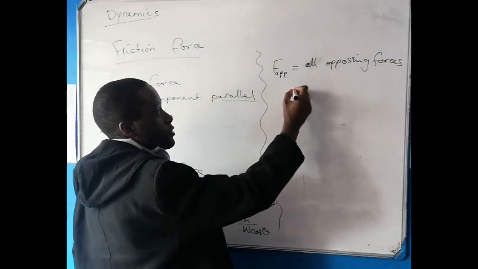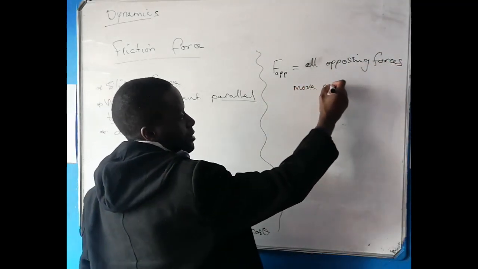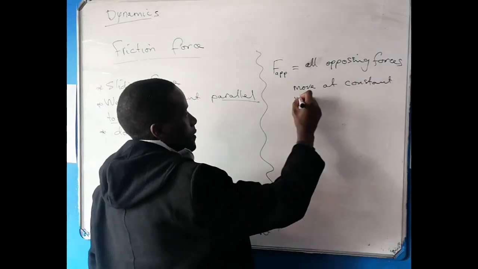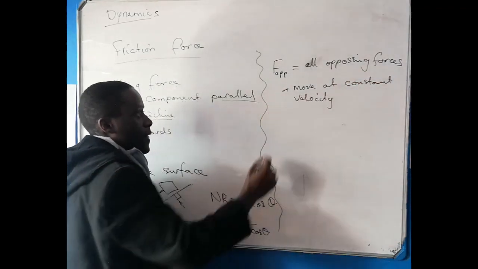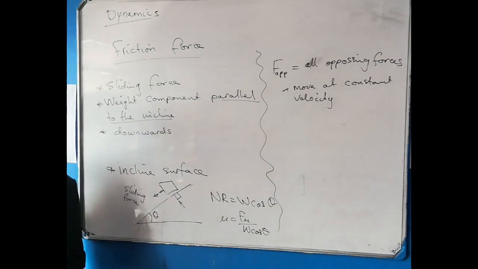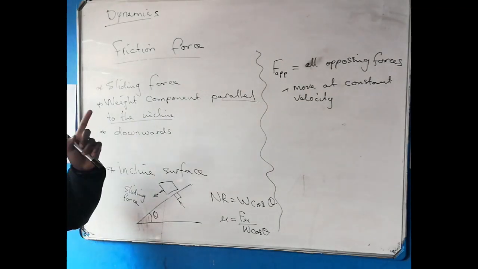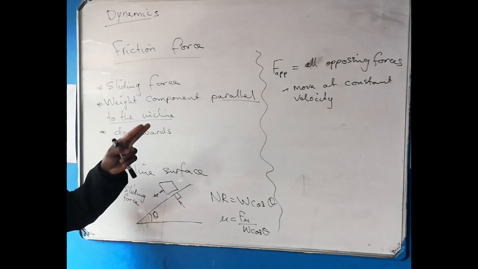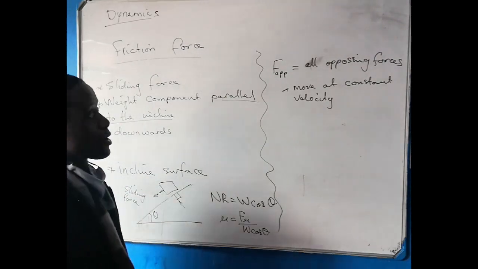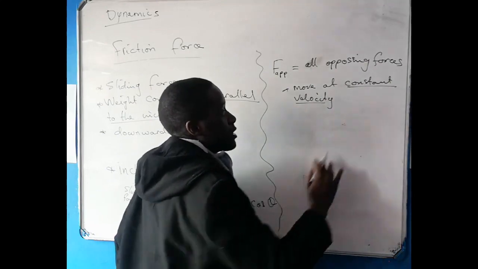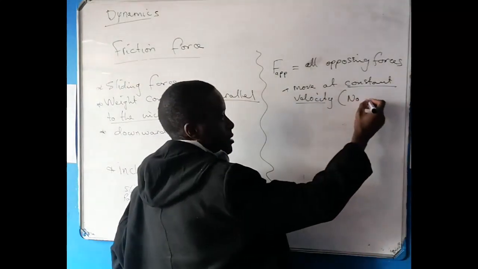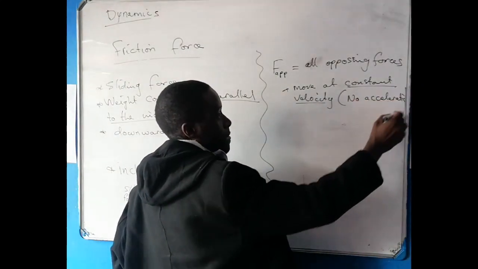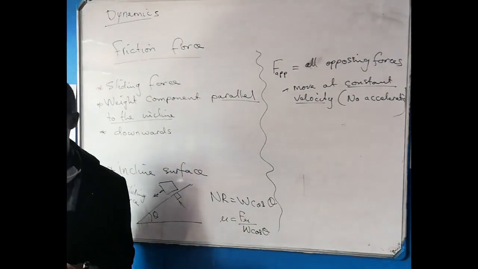Then the object will move at constant velocity. If you apply a force equal to the friction force and the sliding force, the object moves at constant velocity. Constant velocity means no acceleration.